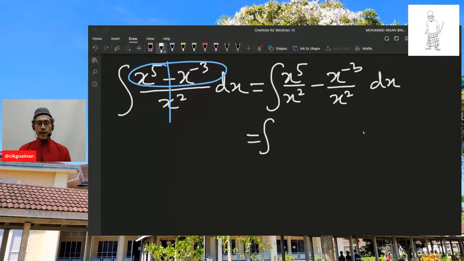X power 5 divided by x power 2, what we can do? Minus the power. 5 minus 2 is 3. Next, minus. This one, same principle. So minus 3 minus 2 is minus 5.